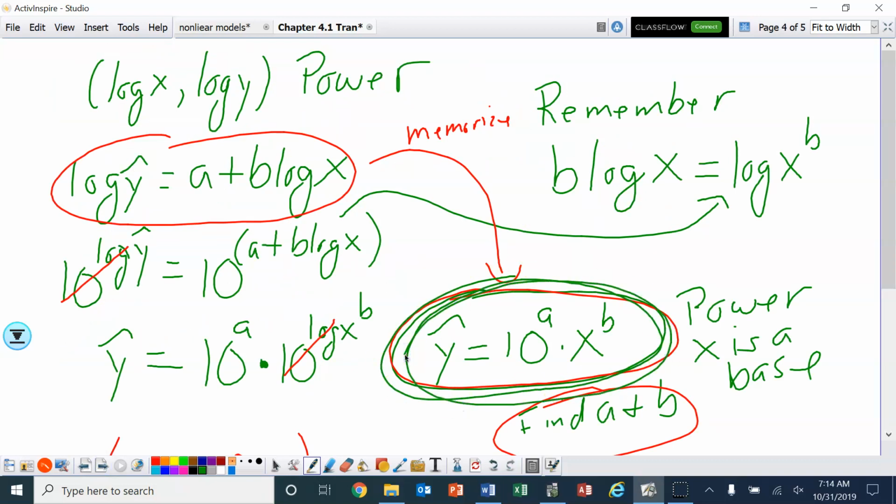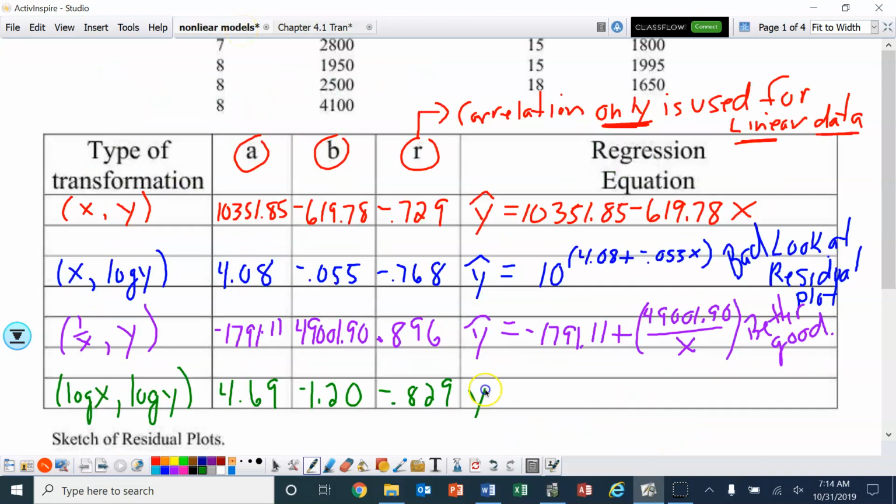All right, so let's write that equation out. So we're going to say y hat equals 10 to the 4.69 power times x to the negative 1.20, or just negative 1.2. All right, let's type that in and take a look at it.